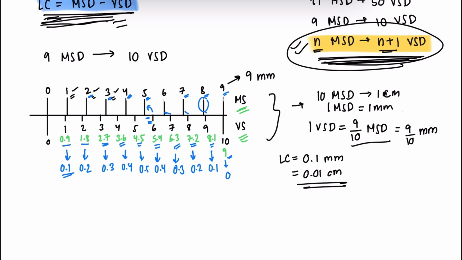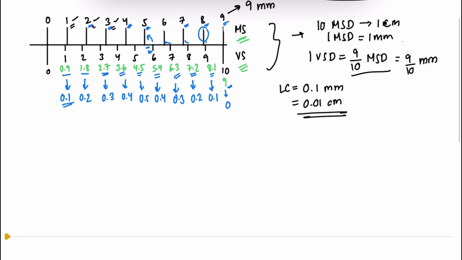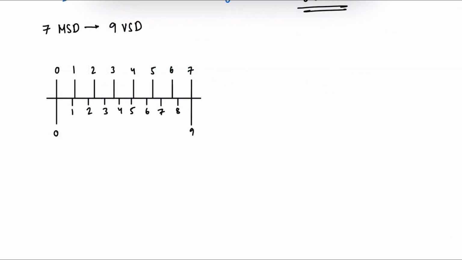However, there's still a second part where this case is not there. So for that, let's take a simple example of 7 MSD coinciding with 9 VSD. So here's the scale regarding that.